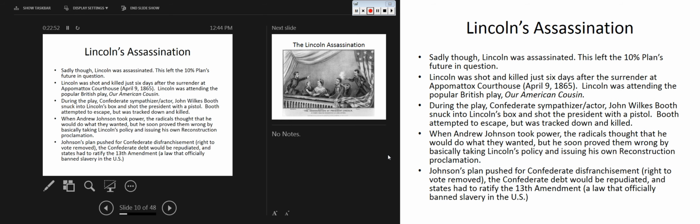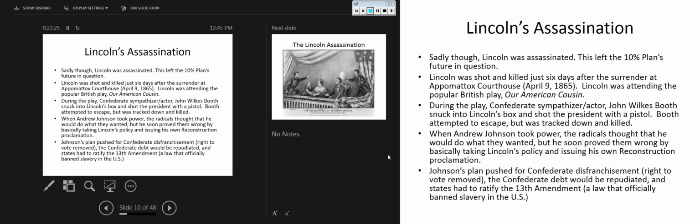So, Lincoln's assassination. Lincoln is attending a play at Ford's Theater in Washington, D.C. It's a benefit. The particular play is a British comedy, Our American Cousin. And as we know, John Wilkes Booth and his group of conspirators, he's an actor, had served a little bit as a militiaman, never really enlisted into the army, but was a Confederate sympathizer.